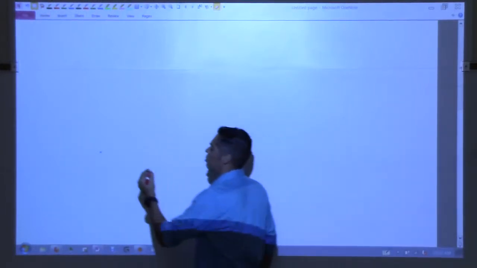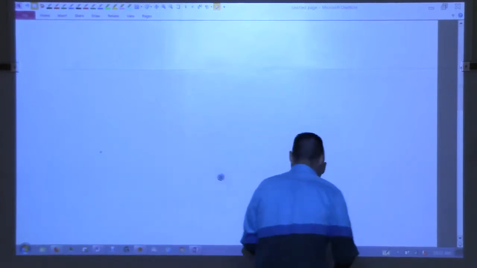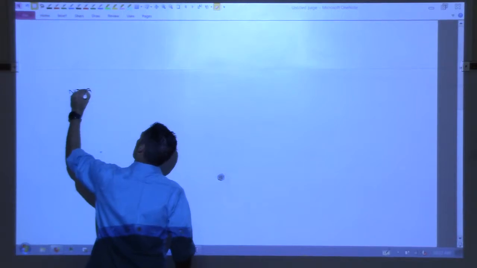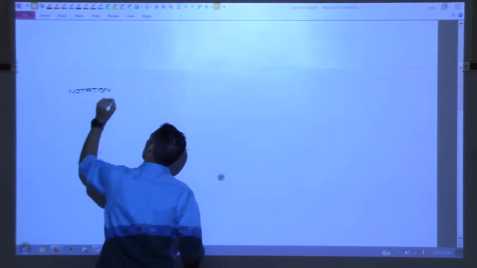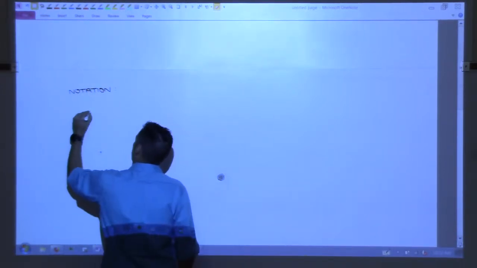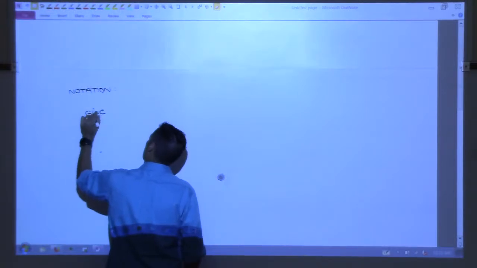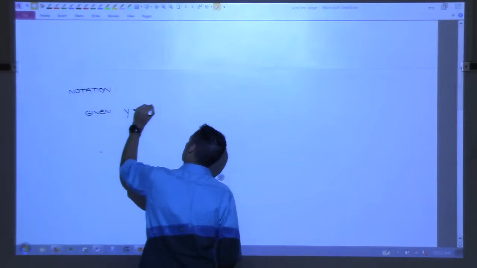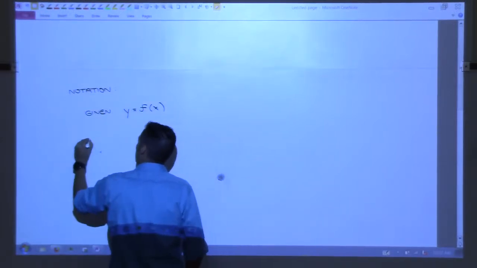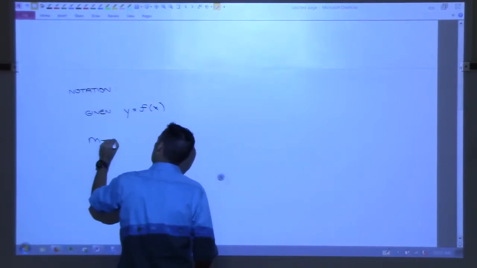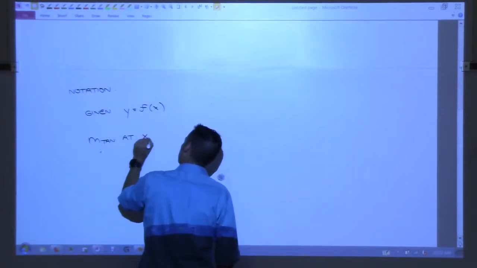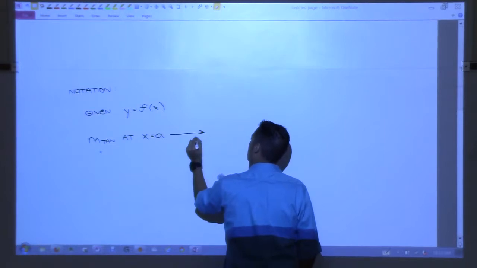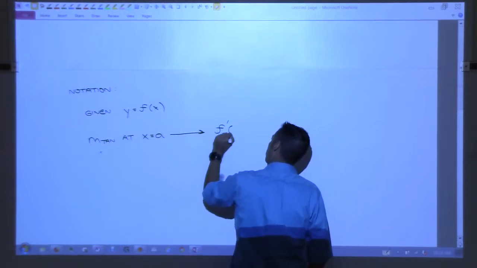First of all, some notation. Given y is some function of x, then the slope of the tangent line at x equals a is written f prime of a.